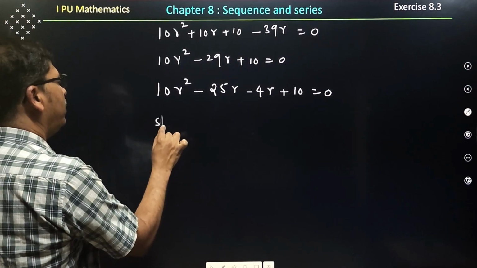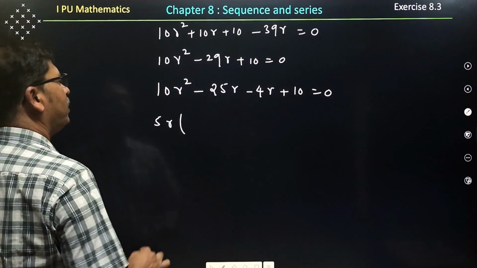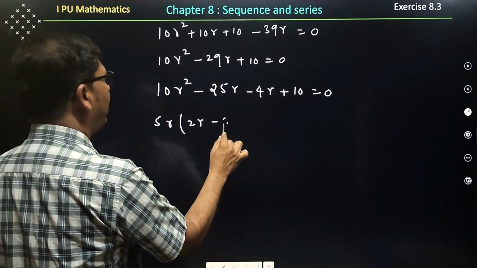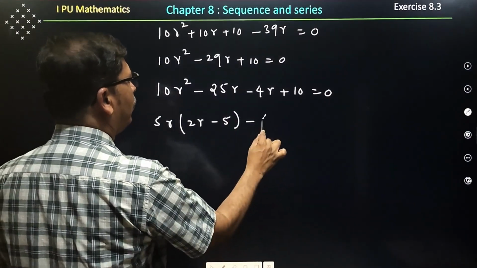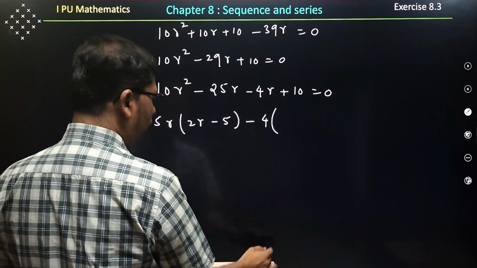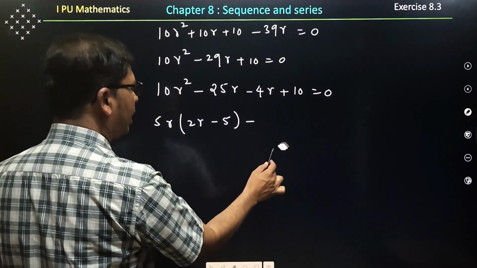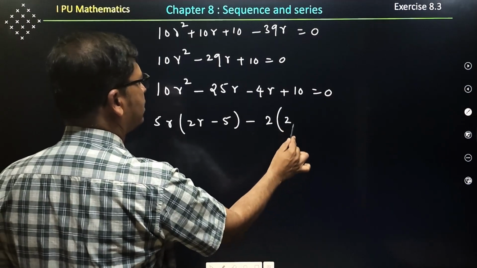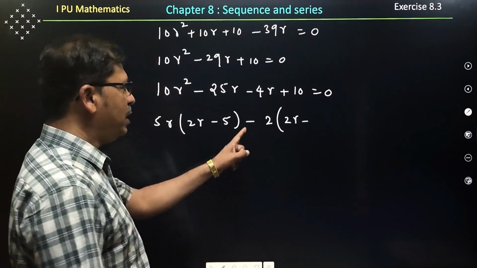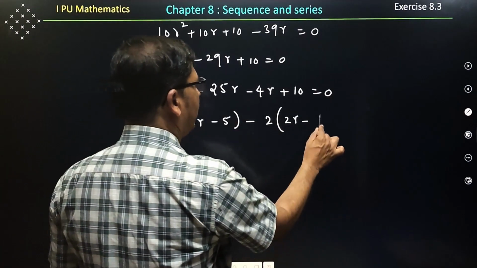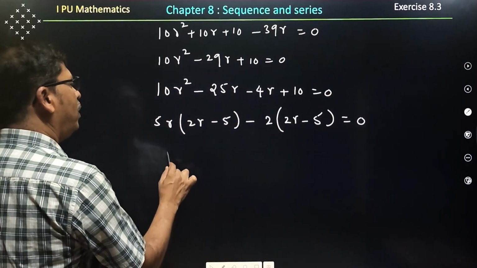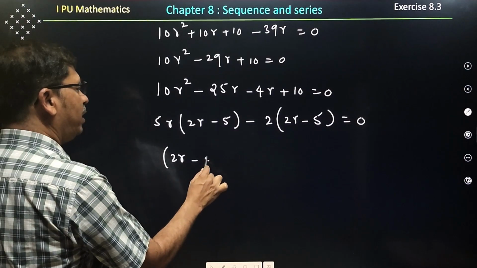Take 5R common. By taking 5R, 5 2s are 10, one of the R remains. 5 5s are 25, R is taken outside. 4, you take common, not 4, not possible to take that entirely. Simply you take 2 only, 2R it is. Plus becomes minus because of this negative sign. 2 5s are 10 here. So this is equal to what here? 0. So 2R minus 5 is one of the factors.